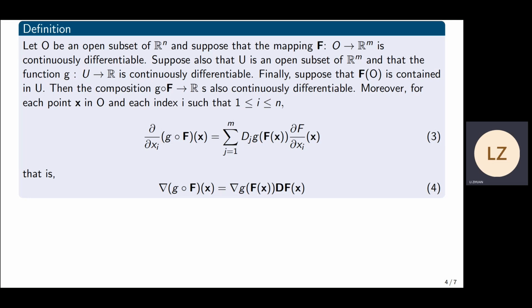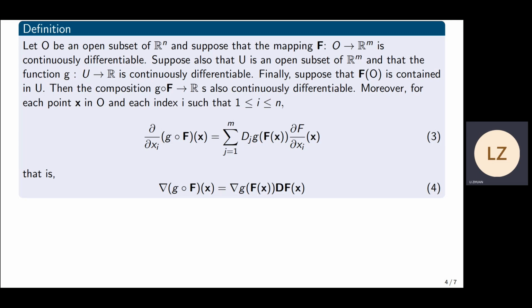Moreover, for each point x in O and each index i, which is greater than or equal to 1 but less than or equal to n, we have the chain rule for vector valued functions, equation 3, which is the partial derivative of g∘f at x over xi equal to the sum over j from 1 to n of the partial derivative of g at f(x) times the partial derivative of fj at x over xi.